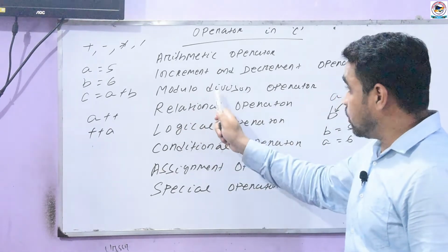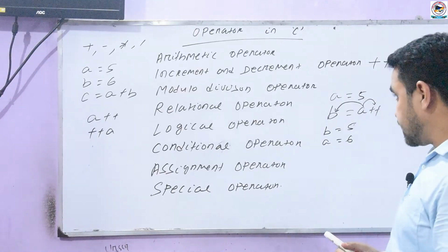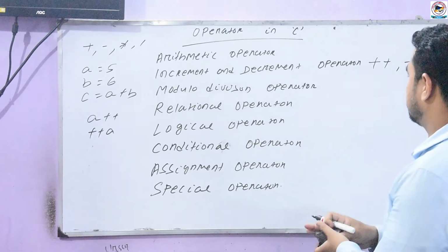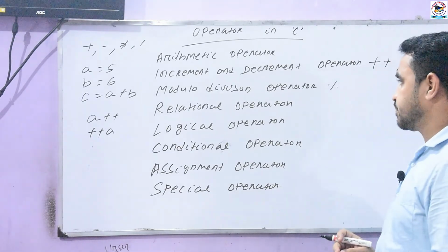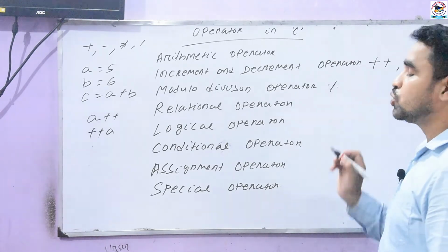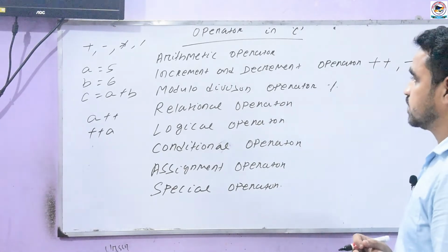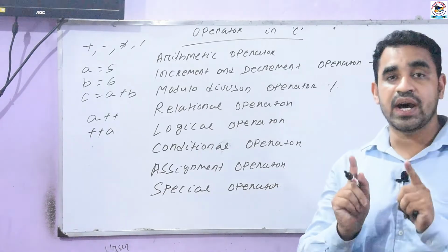Then we discuss the modulo division operator. Percentage is known as the modulo division operator. It is used to return the remainder from the division. It is a binary operator which works on two operands.